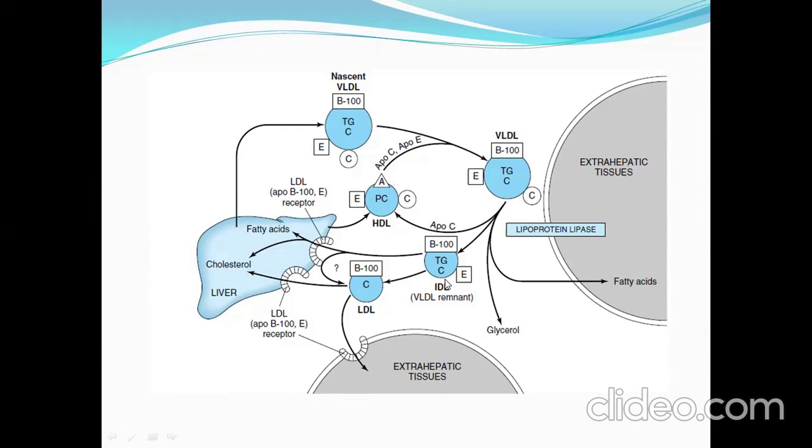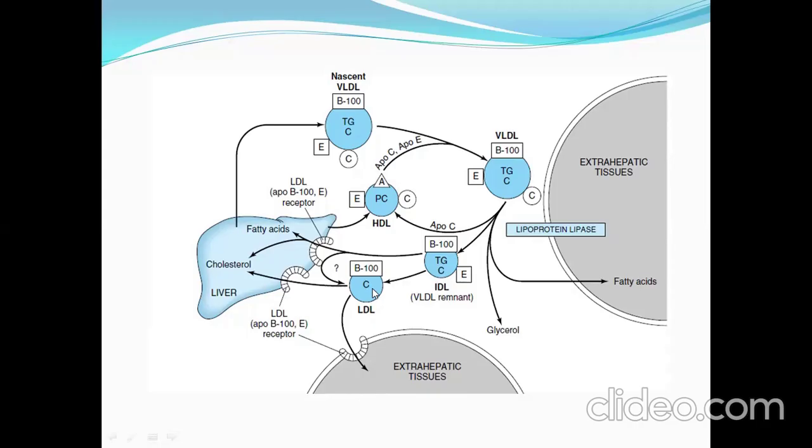So that IDL contains apoprotein B100 and a larger amount of triglyceride and cholesterol, and apoprotein E. Apoprotein C is donated to the HDL by the VLDL. And again, IDL is going to convert into LDL.